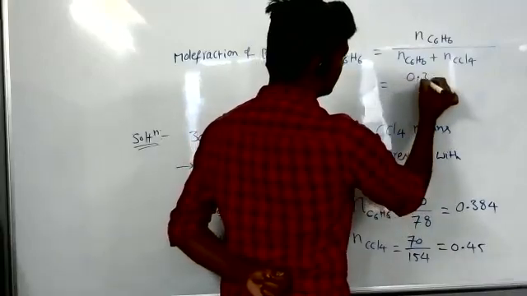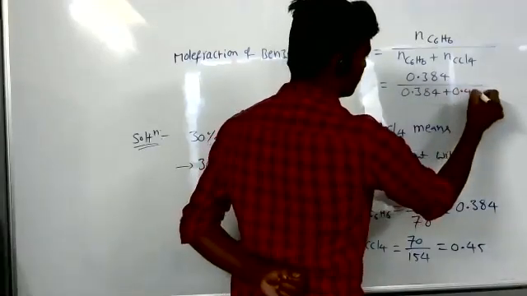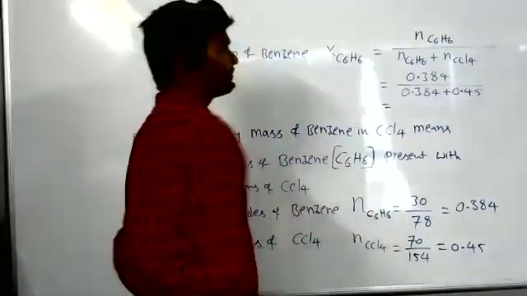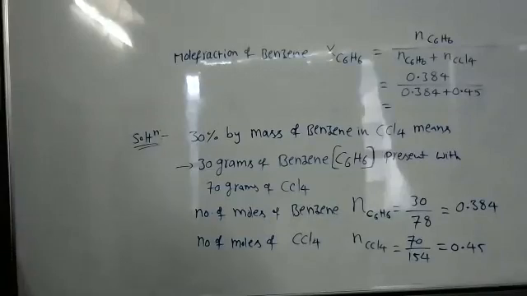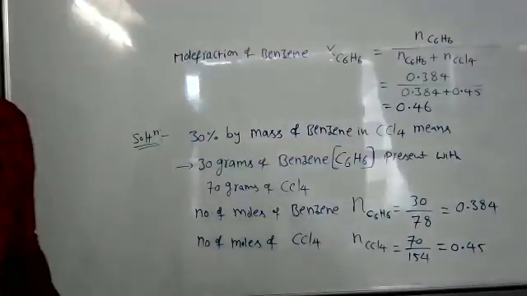So 0.384 divided by 0.384 plus 0.45 is 0.46. No units, it does not have any units.